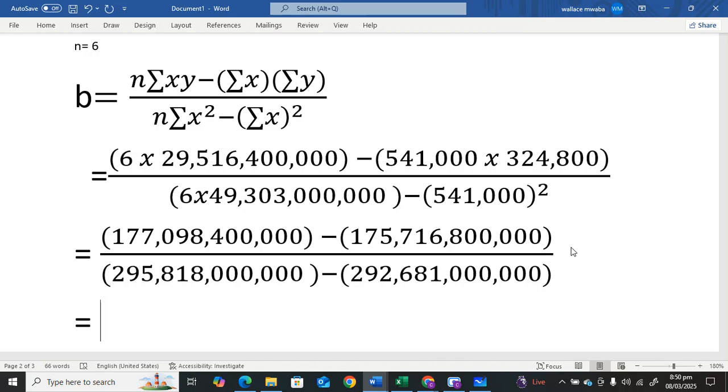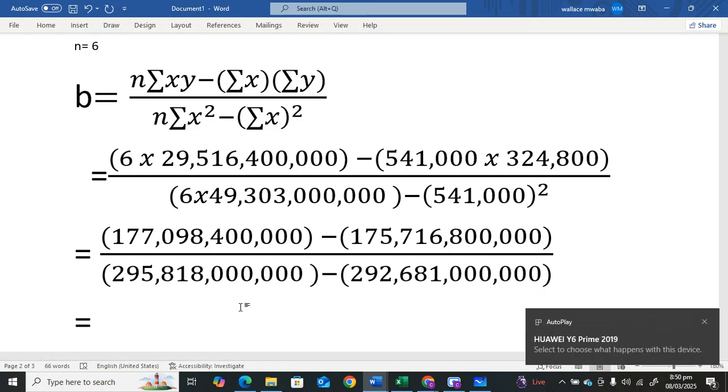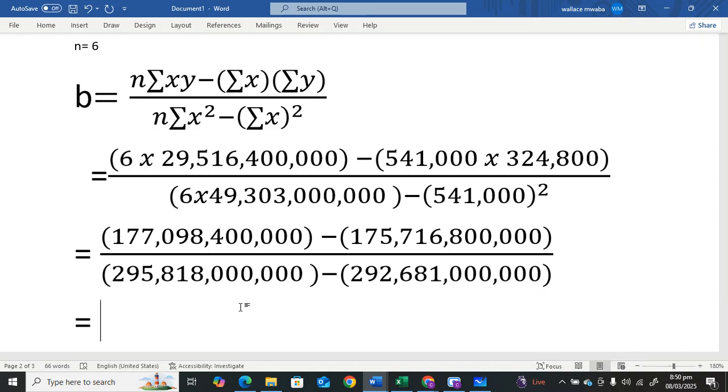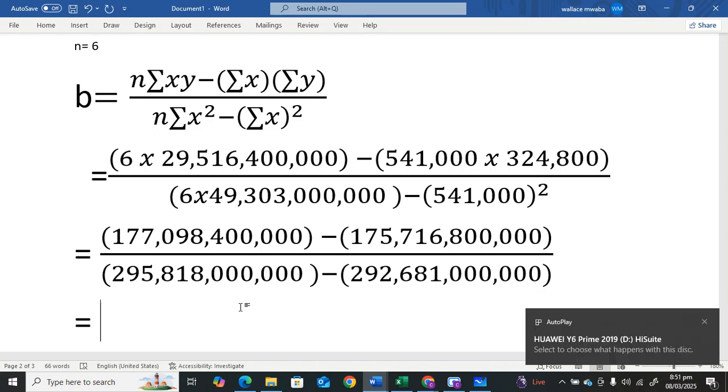Then we subtract. I just subtract with my calculator.